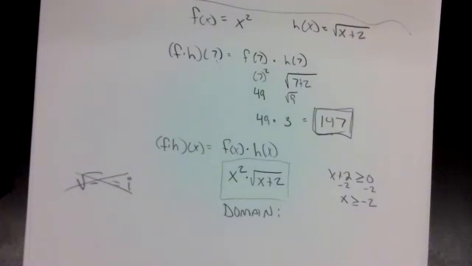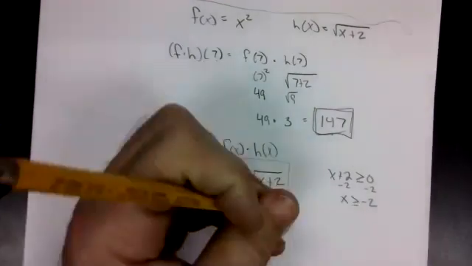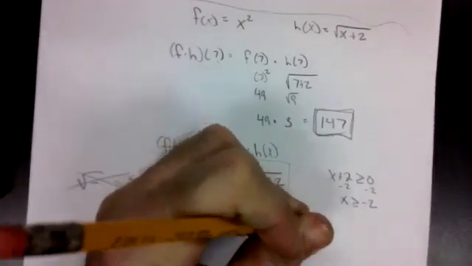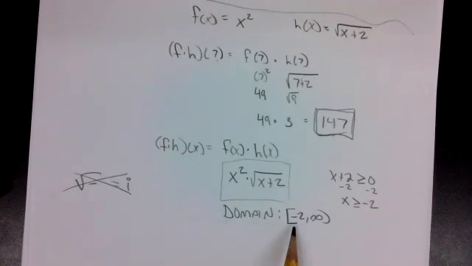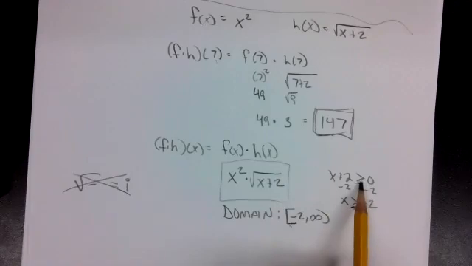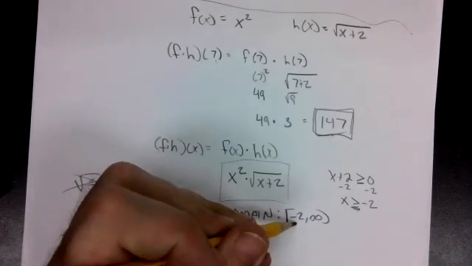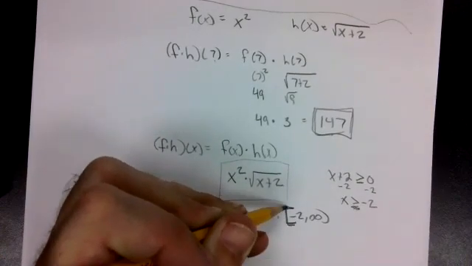So anything smaller than negative 2 causes our value to be negative. So we want to use numbers bigger than negative 2. We use the bracket because it's equal to. Remember, the bracket includes the number. So negative 2 itself is fine.